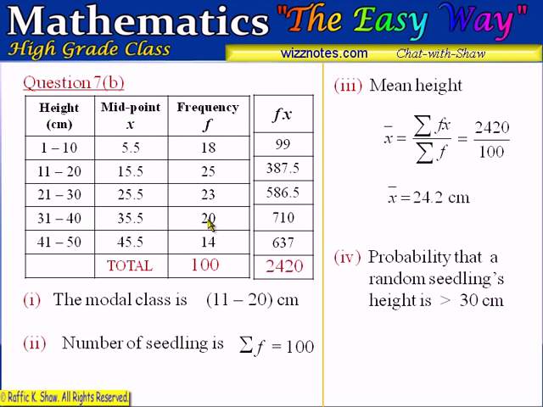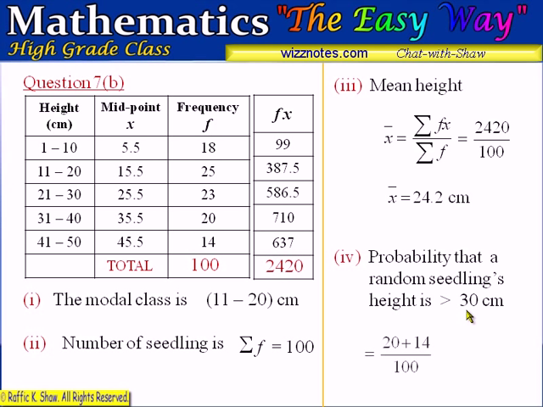There are 20 seedlings in this group and 14 in this group. So the total number of seedlings out of the 100 with heights greater than 30 centimeters would be 20 plus 14, that's 34.